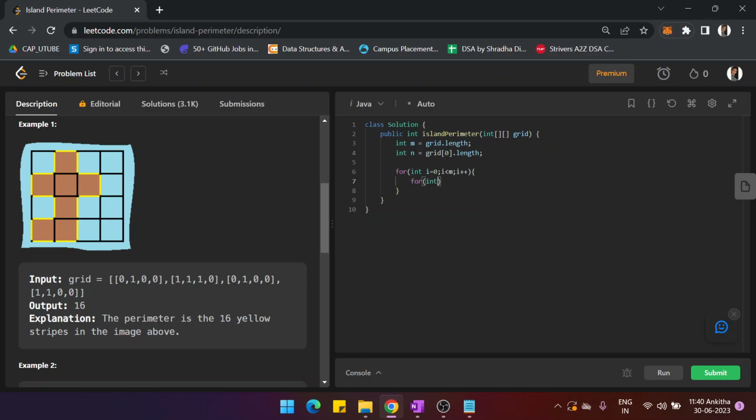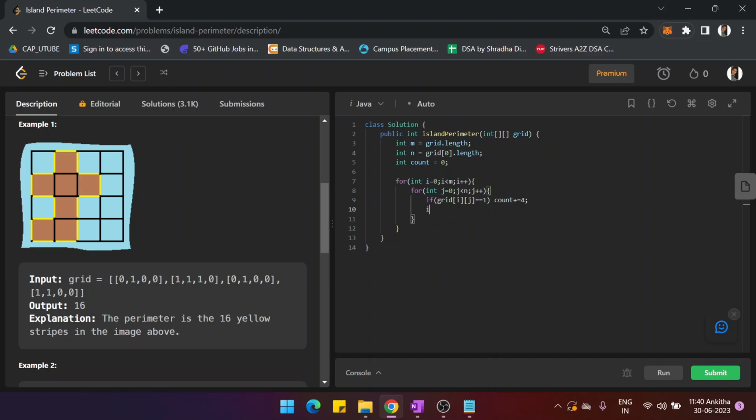Again for int j equal to 0, j less than n, j plus plus. If grid of i comma j equal to 1, then you do count plus equals 4, and we will have int count here for perimeter.